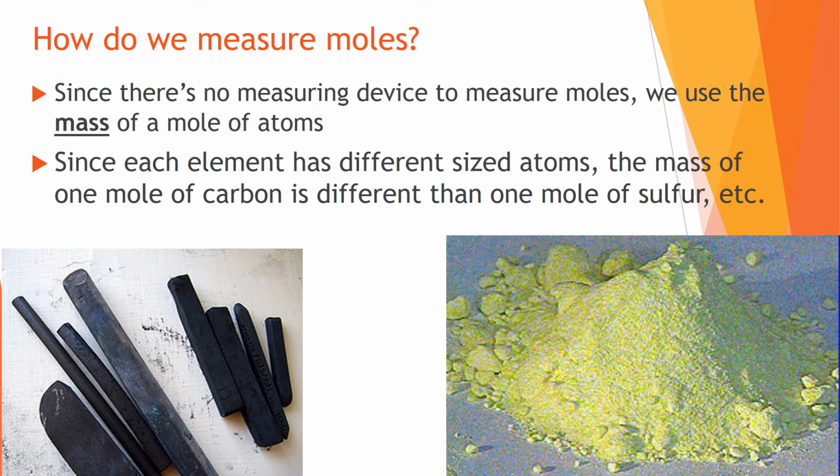Lead is number 82, so it has 82 protons, 82 neutrons and 82 electrons. It's much larger than hydrogen, so a mole of lead is going to weigh more than a mole of hydrogen. The bigger the number on the periodic table, the heavier that element is going to be, because it's just a bigger atom.